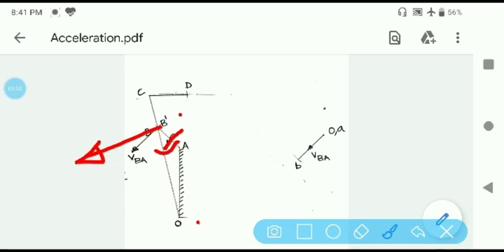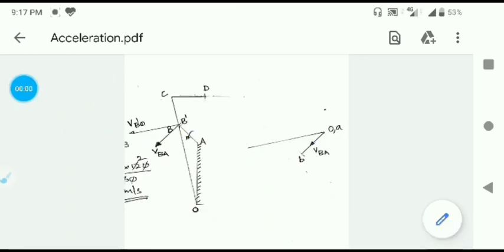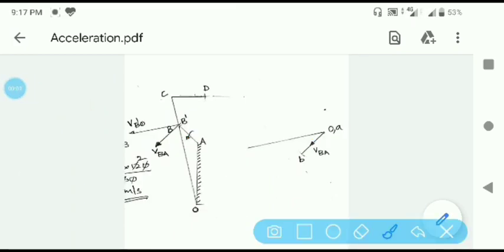So regarding the velocity of B prime relative to O, you now have the direction. You have O here in the velocity diagram. From O you draw a line parallel to this direction in the downward direction. Since you don't know the magnitude of the velocity, that means you don't know the length, you know only the direction. That is what I have done here.